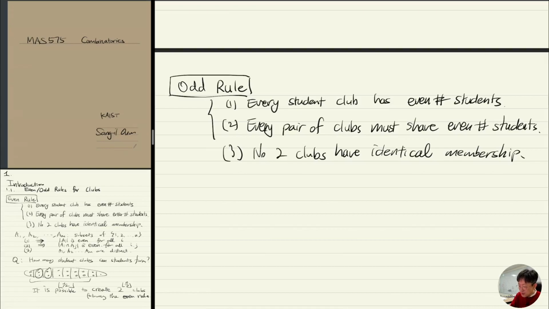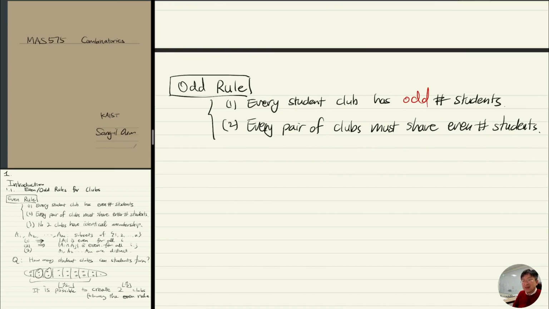So what's the new rule? Well, only one thing changes. Every student club must have an odd number of students. For any pair, the intersection is even. If that's the case, no two clubs will be identical, so I can safely eliminate the last condition, because if two sets are the same, their intersection has to have the same odd size, which is not the case.